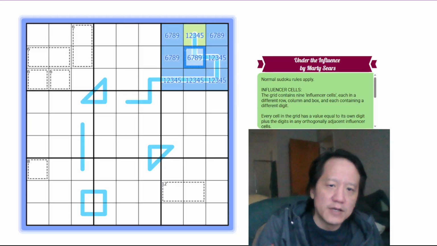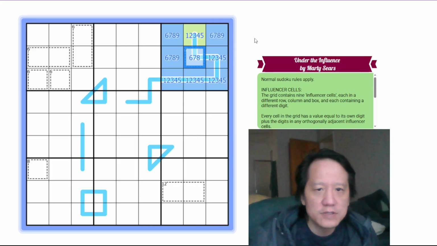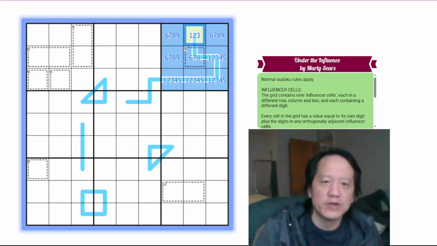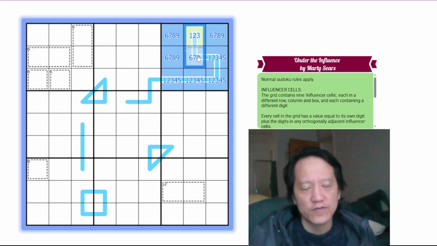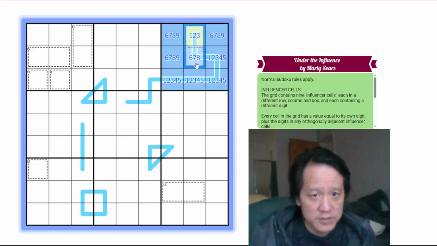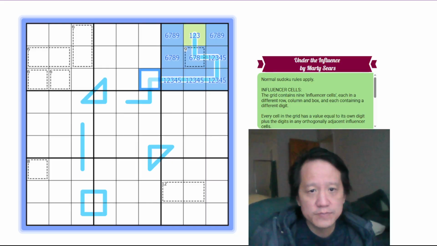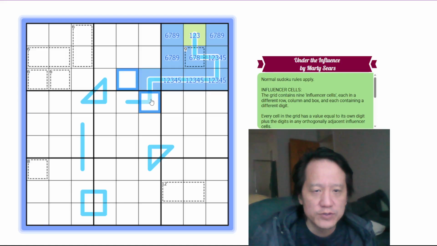Obviously, this can't be 9 here because that is an influencer here. So this has to have a value of 9. Therefore, this is not 4 or 5 because that would be too large for an influencer plus that cell value. So these 2 essentially must add up to 9 here. This cell cannot be the influencer, but it must be next to 2 influencers.